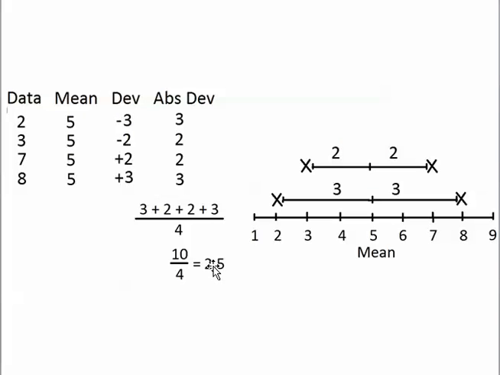But what if this value drops to 2 and this value goes up to 8? Now we have one data value that's 3 below the mean of 5 right here, and one data value that's 3 above the mean of 5 right here. Now 2 of our absolute deviations have increased because these values are now further from the mean, which means that the mean of these 4 absolute deviations is going to be bigger than 2.